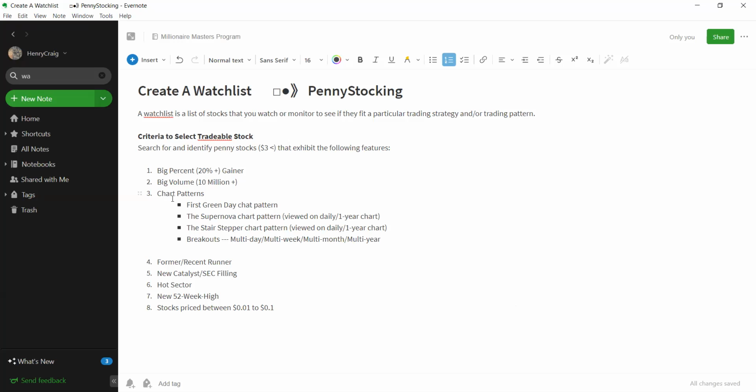So we're looking to select penny stocks based on particular chart patterns. The particular chart patterns that I prefer to trade are as follows. 1, first green day chart pattern. 2, the supernova chart pattern. 3, the stair stepper chart pattern. And 4, breakouts.